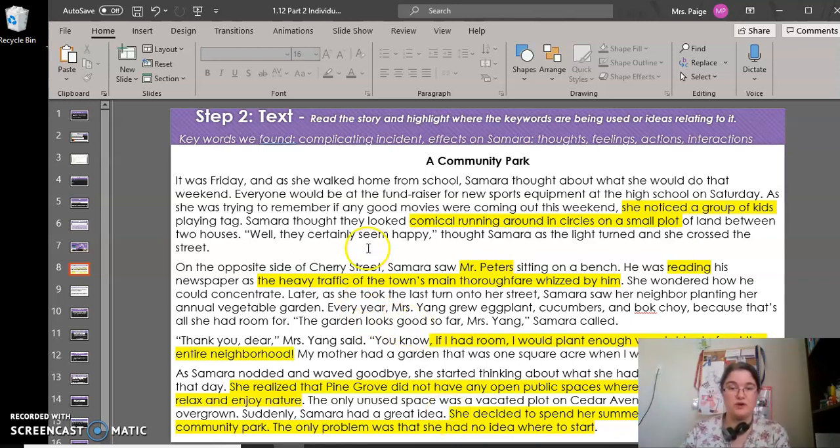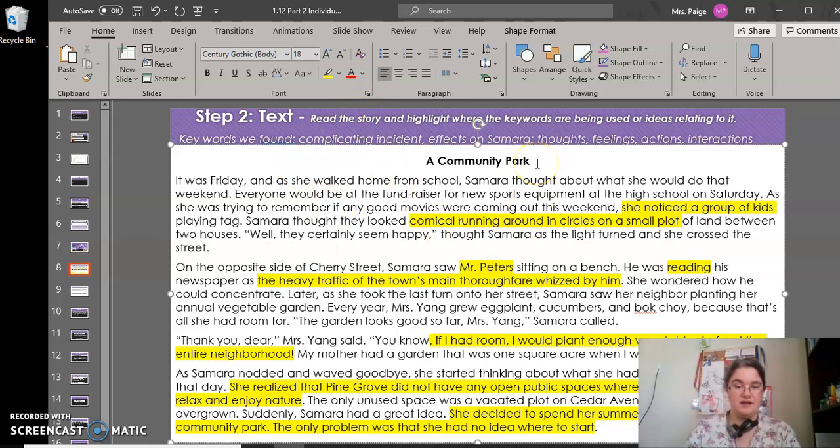So if we were to use this first one here, we would say quotation marks, she noticed a group of kids... because there's words between what we're saying. Look, we'll say running around.